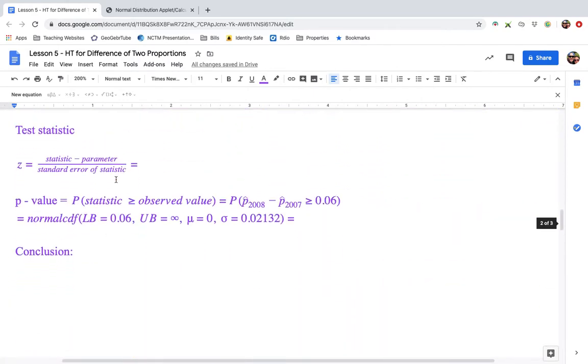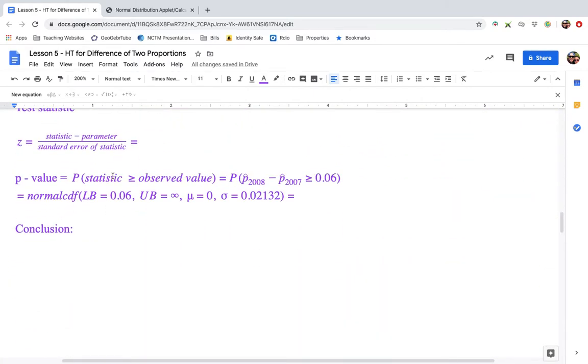So we find the probability to the right. Our statistic we calculated for this was p hat 2008 minus p hat 2007, and that value was 0.06.